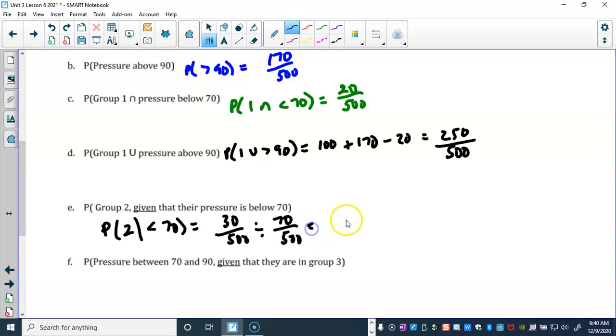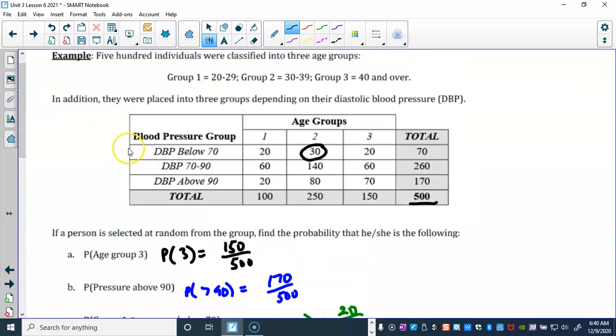So when you have fractions, remember we got to multiply by the reciprocal. So we're going to do 30 over 500 times 500 over 70. They cross, and that's 30 over 70. So if we go look at our table, with the given being below 70, if we only look at this row, our total is 70, right?